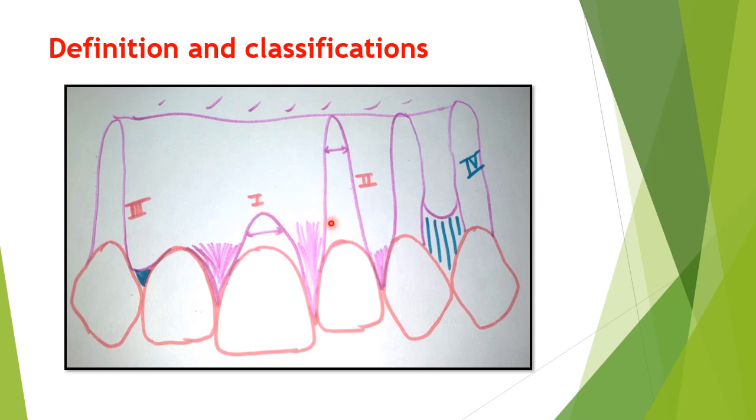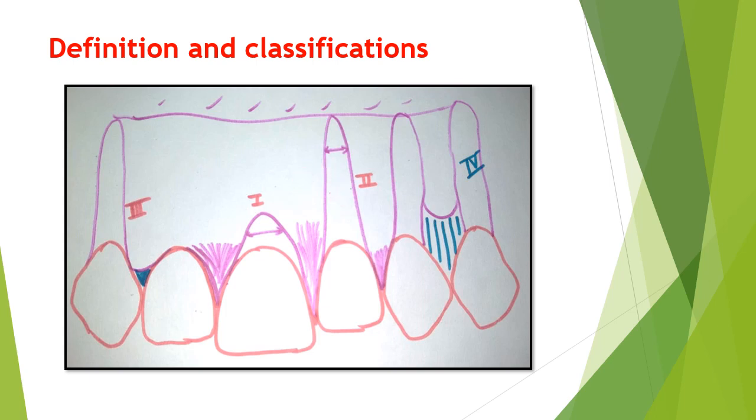But after that, one scientist, Liu and Linkow, has given that if the recession is broader than 3 mm, it is wide, and if it is less than 3 mm wide, it is narrow. Same with the depth. If it is 3 mm deep or less, it is shallow, and if it is more than 3 mm deep, it is deep. So they have given the combinations: shallow wide, shallow narrow, deep wide, and deep narrow.